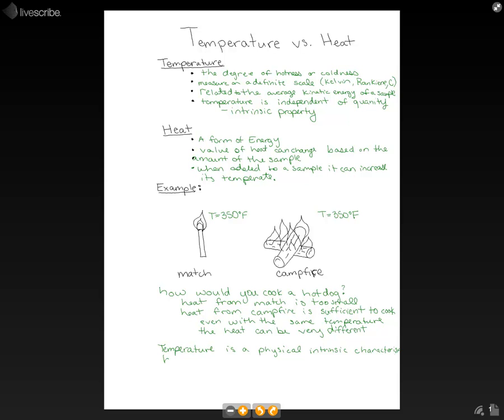Whereas heat is more of a form of energy that can vary with the mass of your sample you're burning or just have. And that's the main differences between temperature and heat.